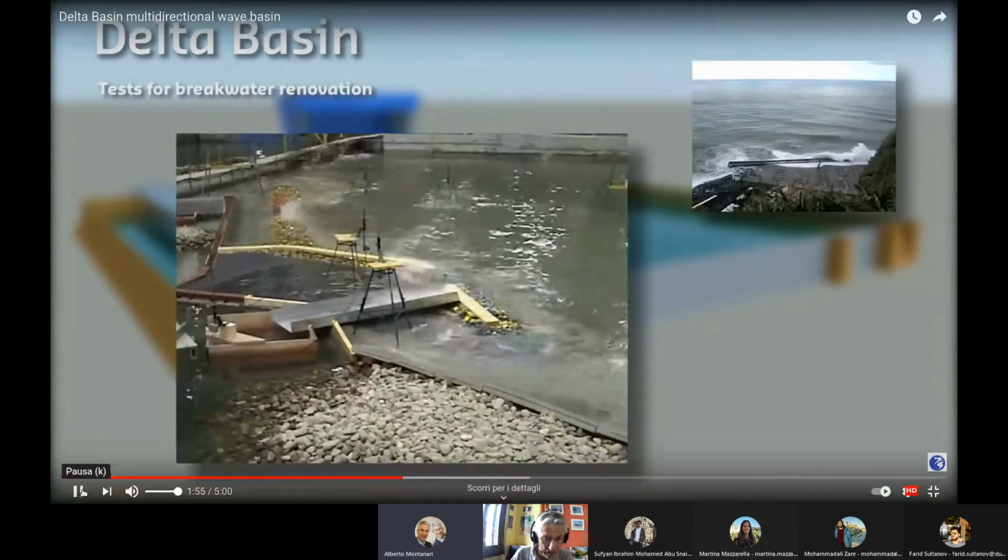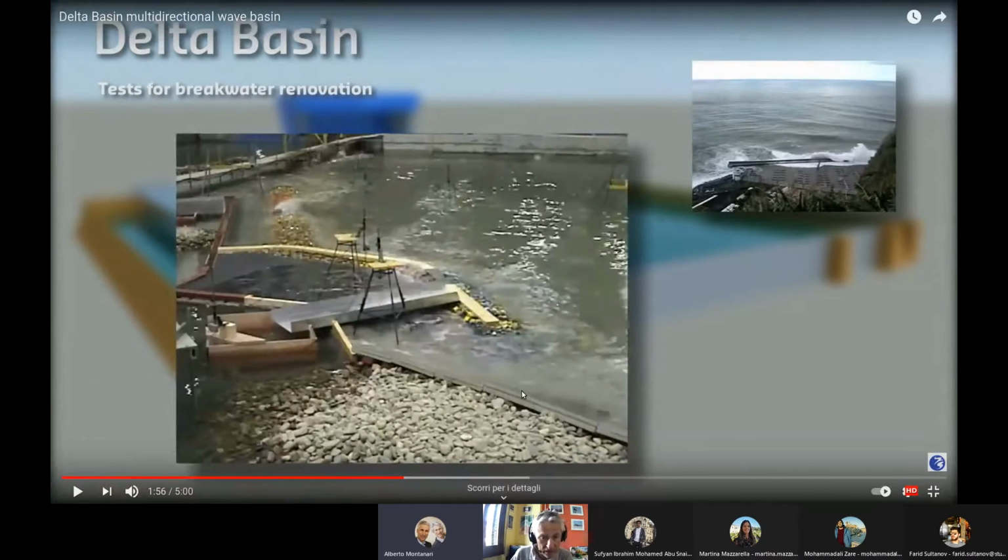Let me pause it here. This is a structure, a defense for a harbor. And it's realized with boulders, and you see that they use colors because they want to identify the original location of the boulders once they are moved.